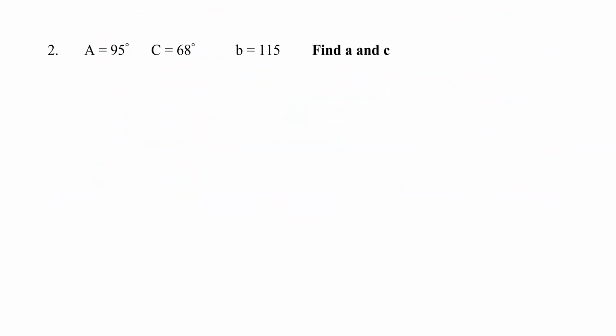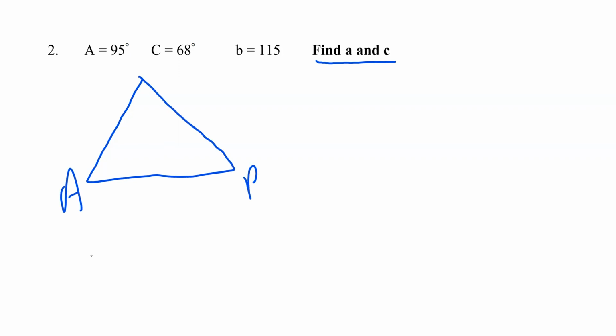Okay, again, information we're given. Now we want to find side A and side C. So again, draw yourself a triangle, label it, put in the information you're given. Okay, we need to find the missing pieces, right?